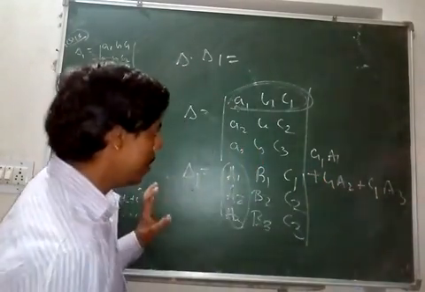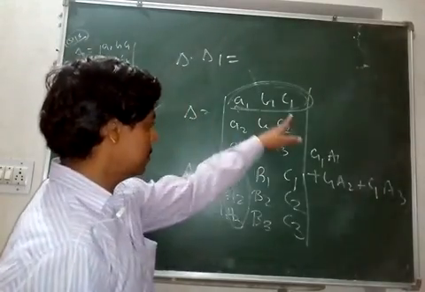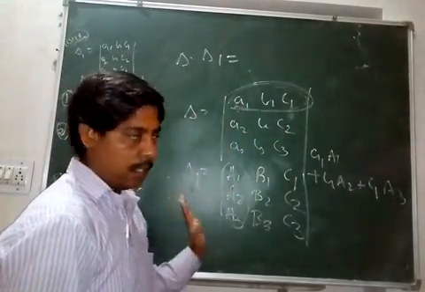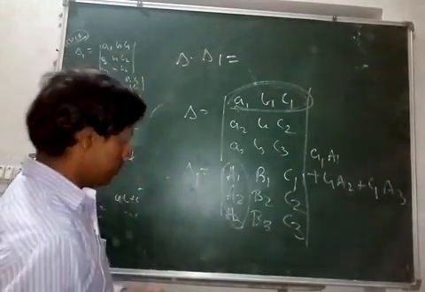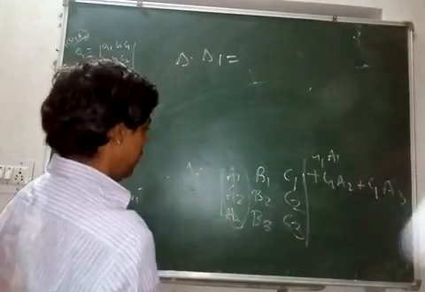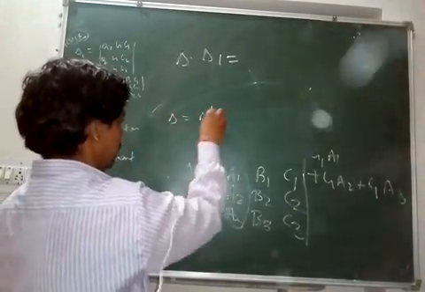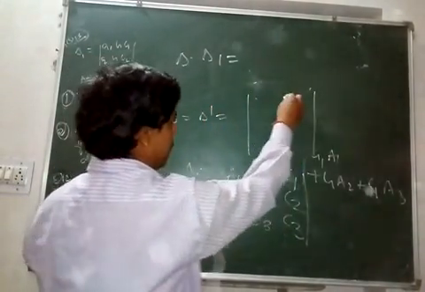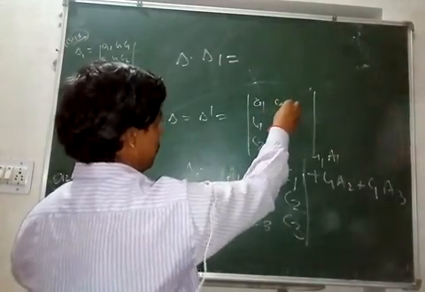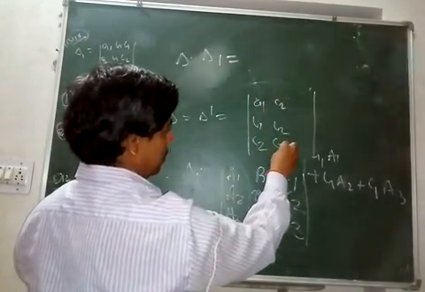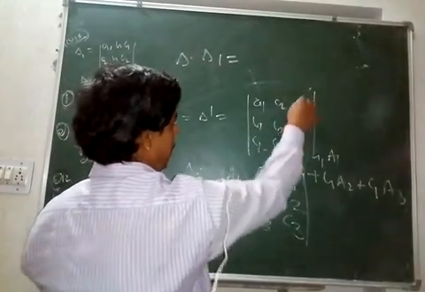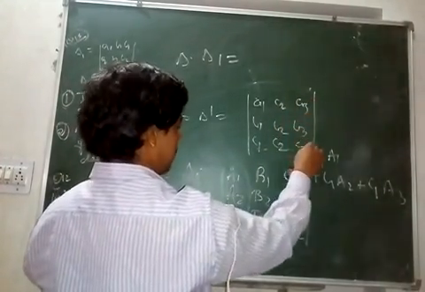You can also take the transpose of this, because in delta, transpose is same as delta in transformation, right? So we can also write, this is very important, delta is equal to delta transpose. So instead of writing A1 B1 C1, I could have written A1 B1 C1, A2 B2 C2, A3 B3 C3, something like this.